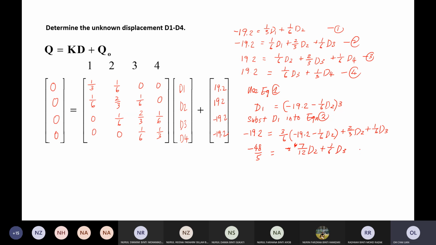So now this one is my equation 5. Then I have only 3 unknowns right now.